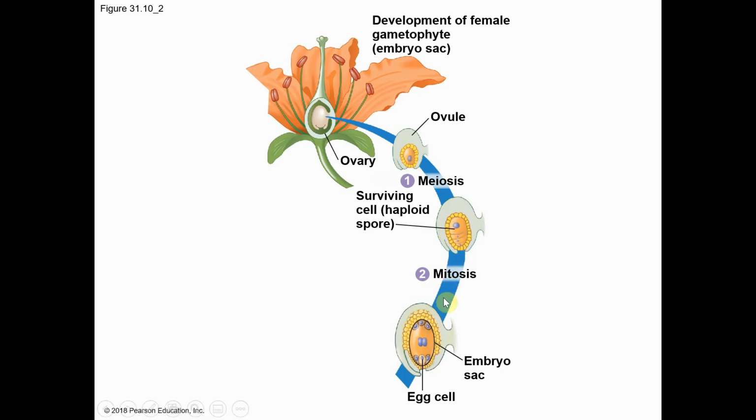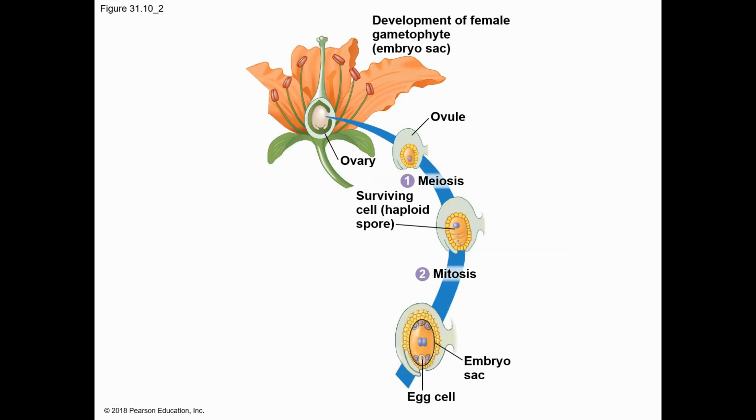That undergoes mitosis to produce the embryo sac, which is the gametophyte that will produce the egg. Again, this is going from sporophyte to gametophyte, and between them spores and gametes. That is all still very microscopic, something that you won't notice unless you are looking for it.